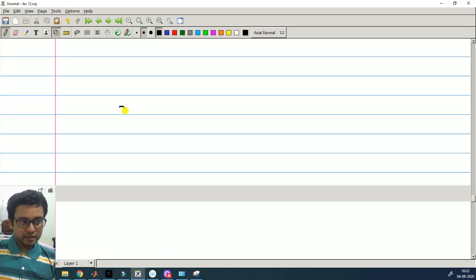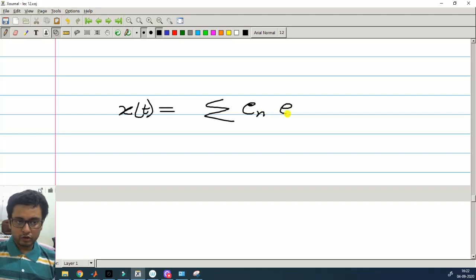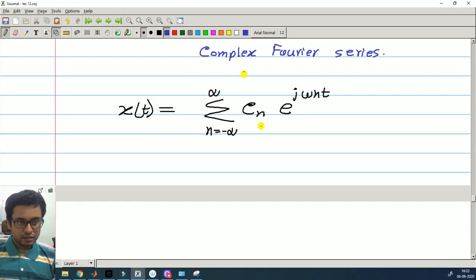We write any periodic signal, almost any periodic signal, as a sum of complex exponential signals e to the power j omega n t, n running from minus infinity to plus infinity. This is called complex Fourier series.